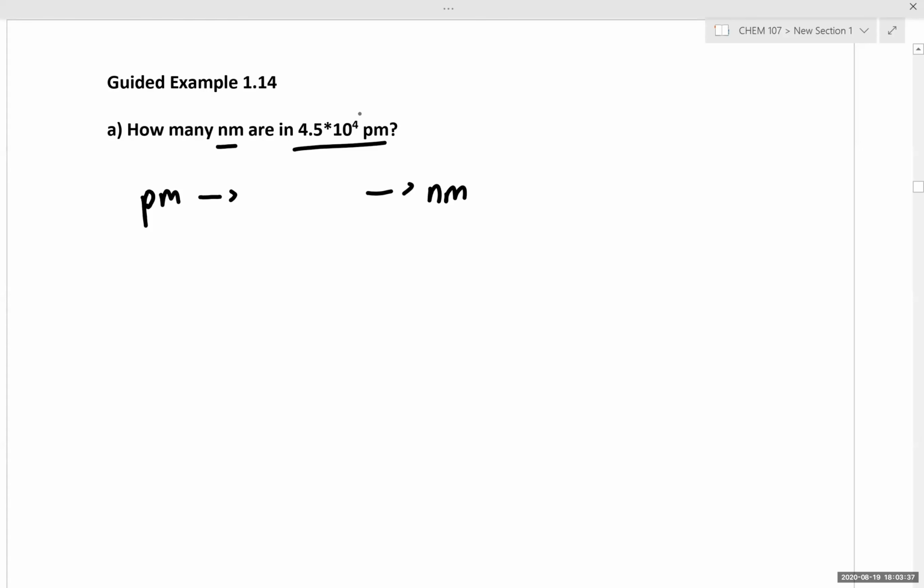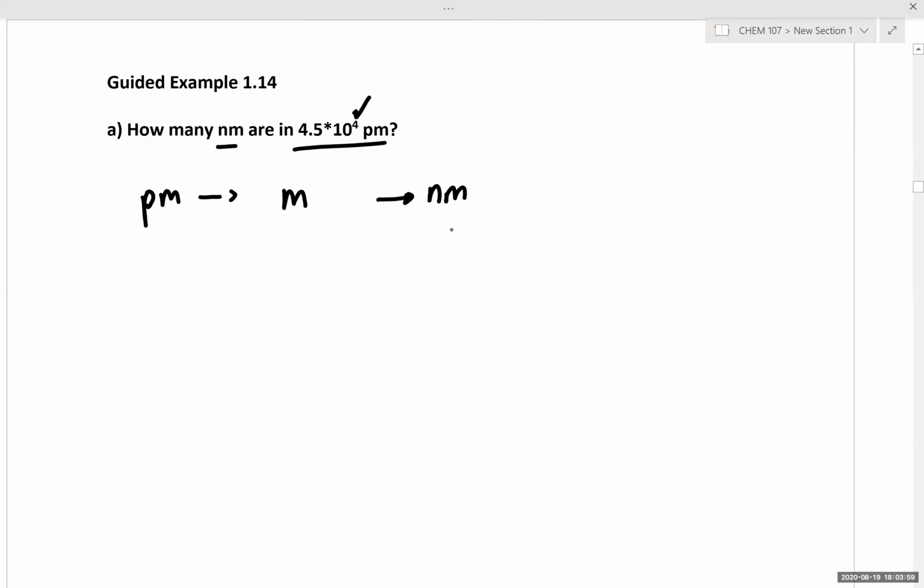Remember, your starting units are overwhelmingly going to be associated with your number that you're given. Okay? However, I'm not going to go directly from picometer to nanometer. Instead, I'm going to go through the base unit of meters.